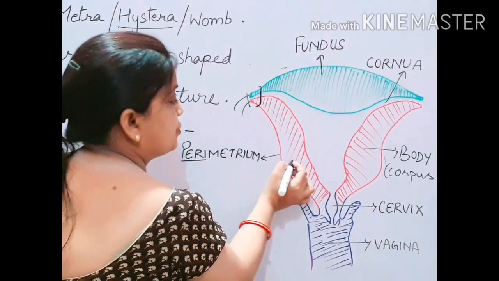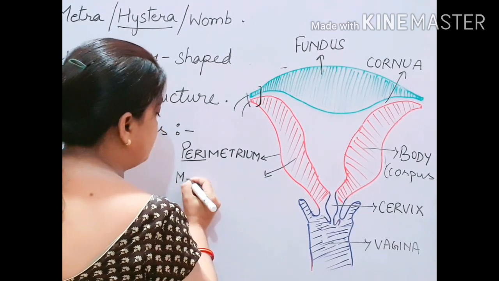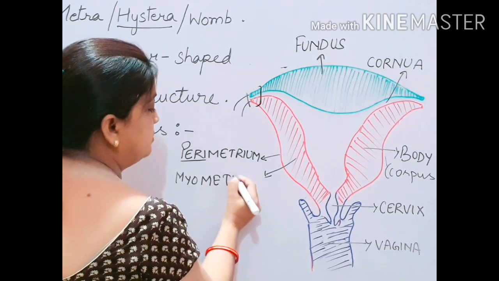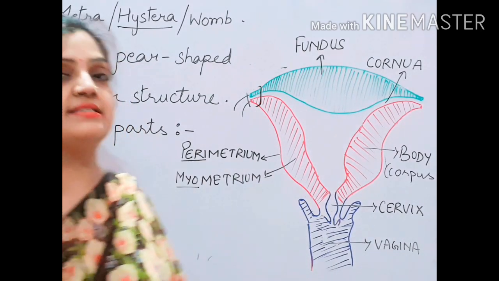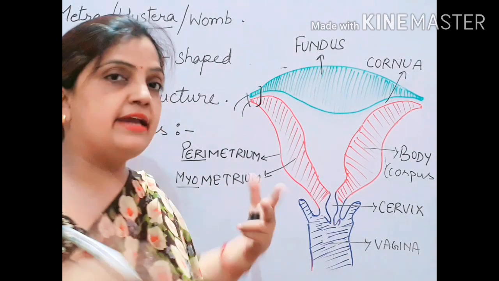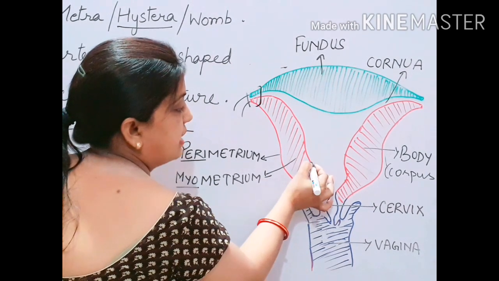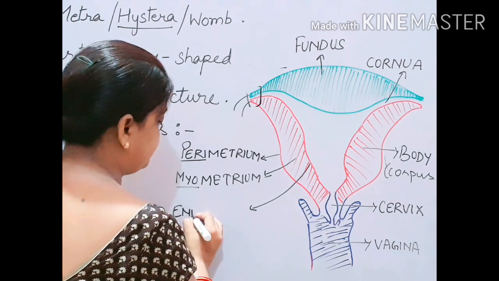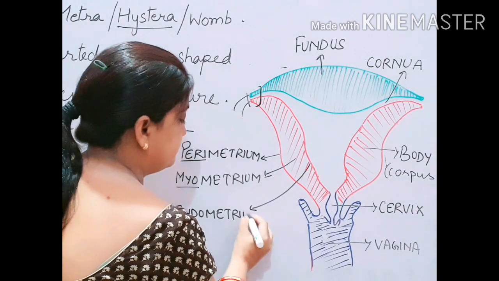The middle muscular layer is called myometrium. Why myo? Myo means muscle, muscular layer. So this middle muscular layer is present in the uterus. And then the last, the innermost wall, is called endometrium.